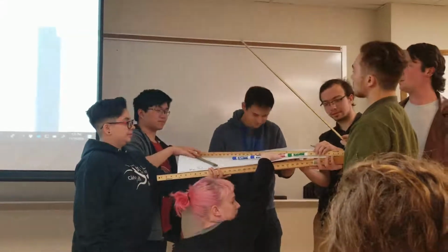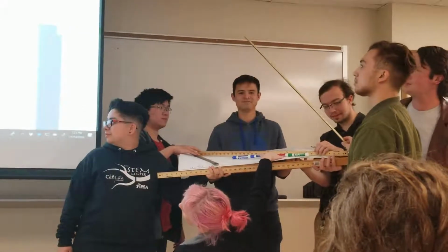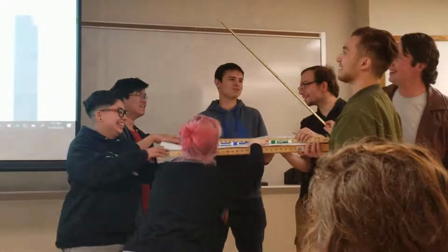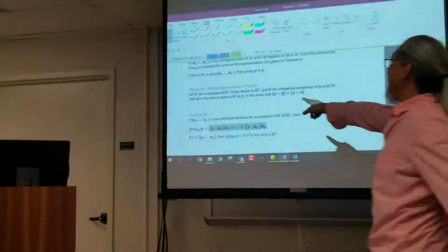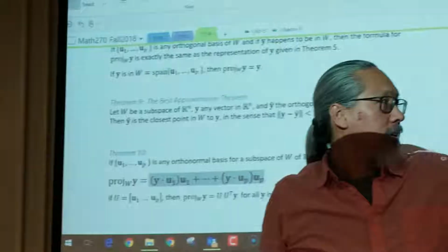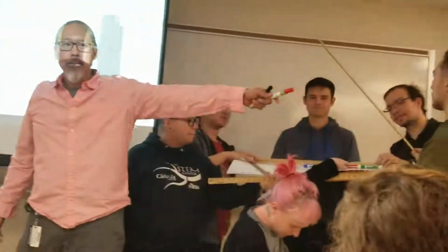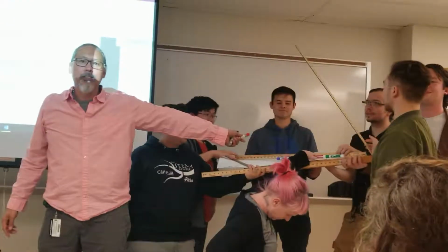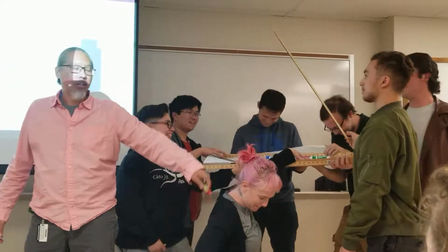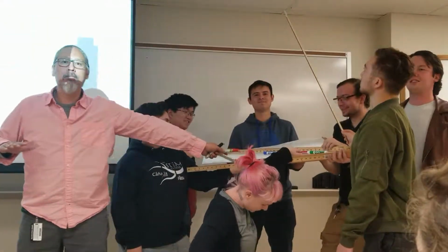That's the approximation theorem. It says that Ali is the best approximation to Randall if we're stuck on Pedro. So V hat is the best approximation to V if we're only stuck on W.